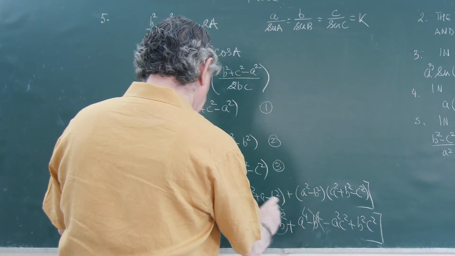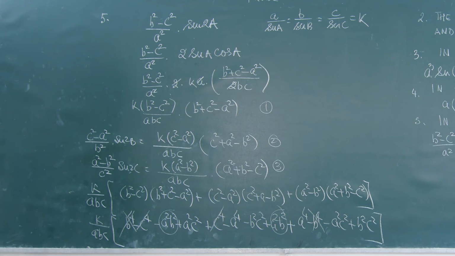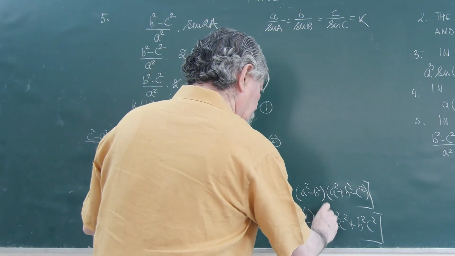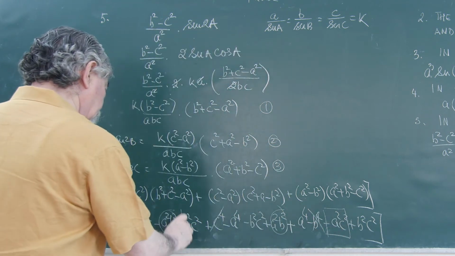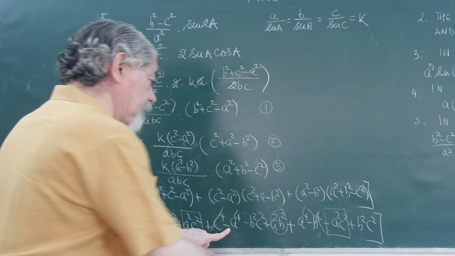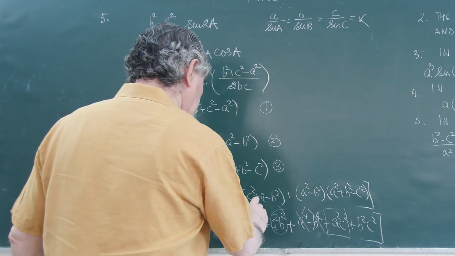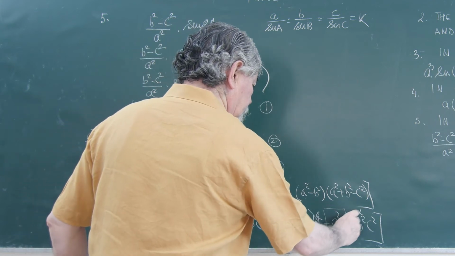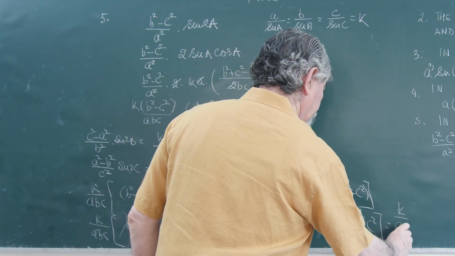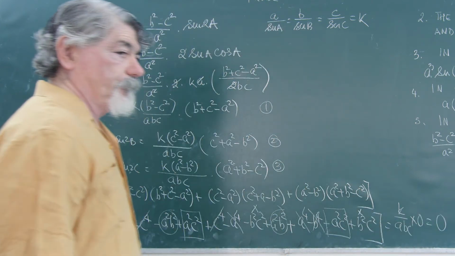This is here, this is here, this will cancel. Now A square C square plus somewhere minus A square C square. This is here, this is here, they will cancel. Minus A4 plus A4 will cancel, and of course B square C square, B square C square will cancel. So it will be K upon ABC into 0, which is equal to 0.